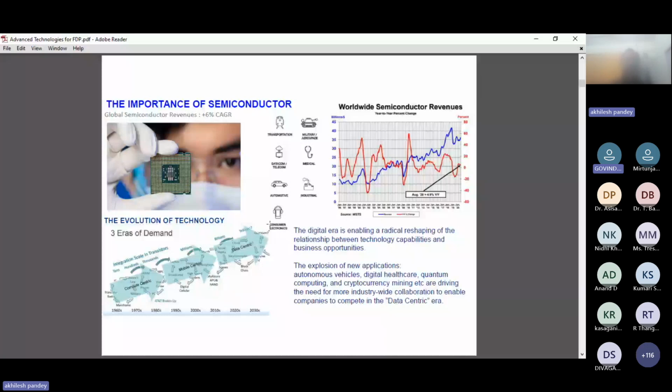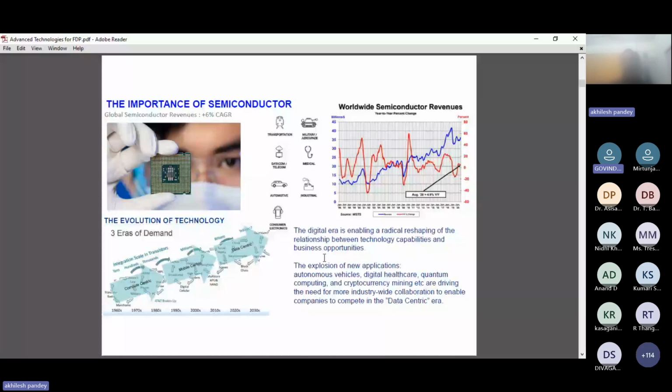Whatever the data we are generating, that can be used, or whatever the technology has been developed, it is data centric. So in our daily life, data are very important, as well as business, or you can say daily life, or maybe innovations. So the digital era is enabling the radical shift in the relationship between the technology capabilities and business opportunities.